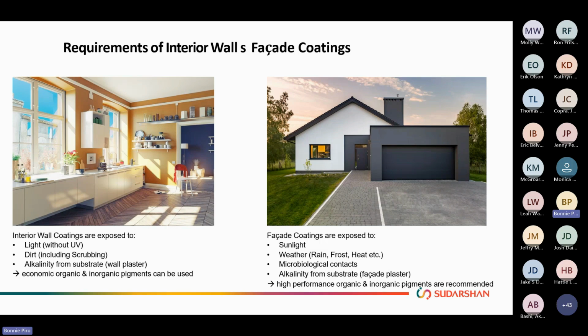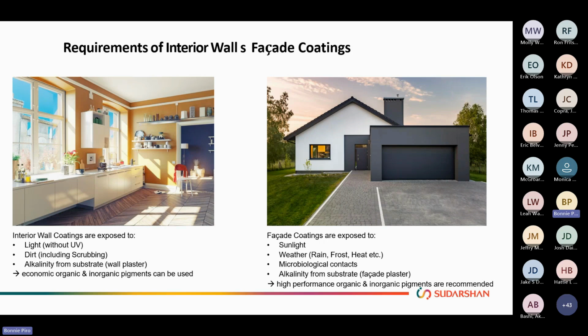We want to leave as much room as possible for all of the paint making additives required for your application here. In some cases, the alkalinity that I spoke about earlier from those substrates might be important in these types of applications as well. So pigment selection could be something that needs to be recognized in that area, but most often you're looking for the more economical organic and inorganic pigments for this type of application area.